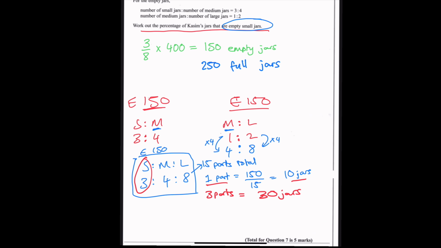Now I want the percentage of the total number of jars. So I have 30 jars out of 400 total jars. Okay, he has a total of 400. So 30 out of 400. I need to make this a percentage. Okay. So this is 3 over 40.